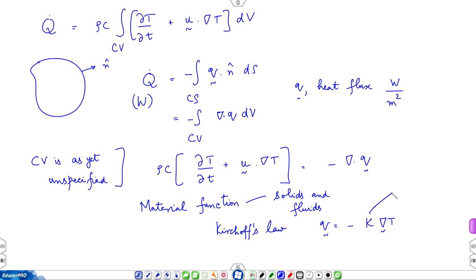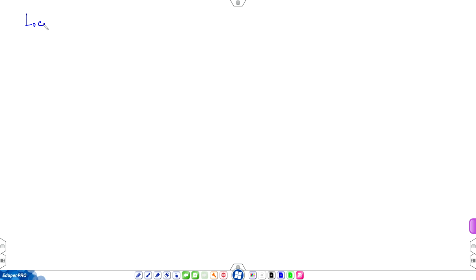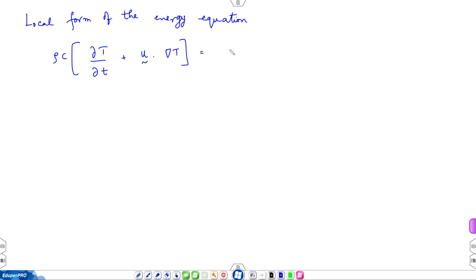So, assuming K is also a constant, so it is a prescribed value, then the local form of the energy equation is written as rho c DT/Dt is equal to k del square T.